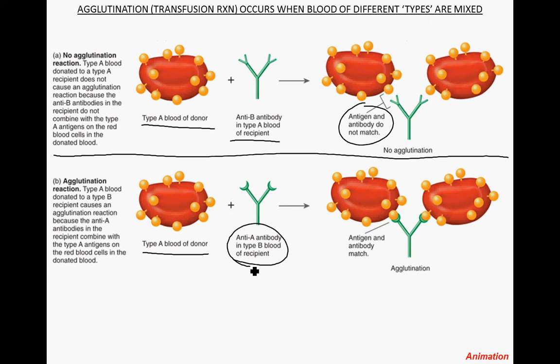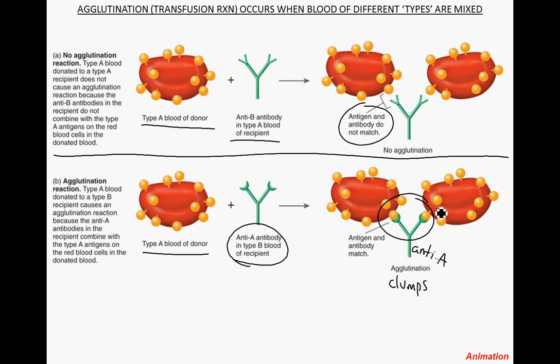And so you get this agglutination reaction, and this is when the blood clumps together. You can see why it clumps, because the anti-A antibodies in the B blood are now cross-linking with this red blood cell. And then the same thing is going to be happening on a much larger scale with a whole bunch of other antibodies and red blood cells.